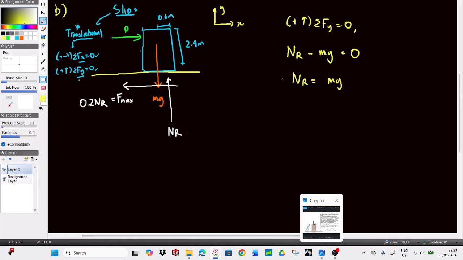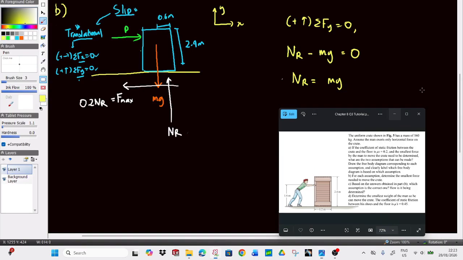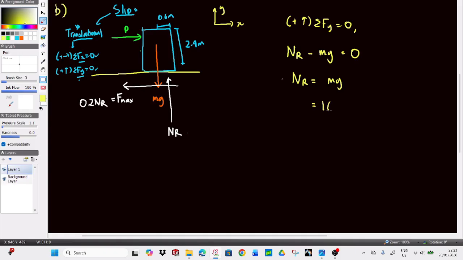The mass here refers to the mass of the crate itself, which is 160 kilograms. So it's 160 kilograms times 9.81, which gives about 1,569.6 newtons.